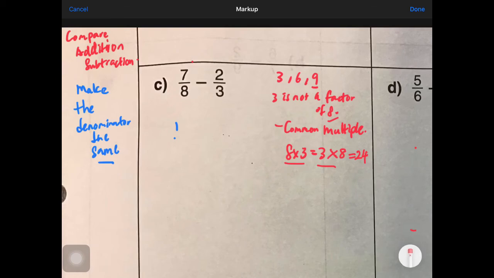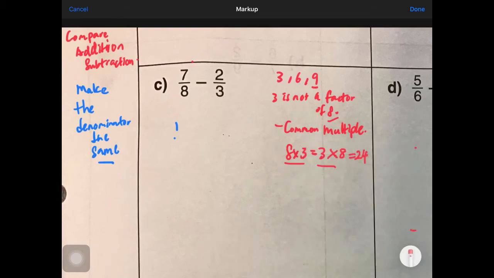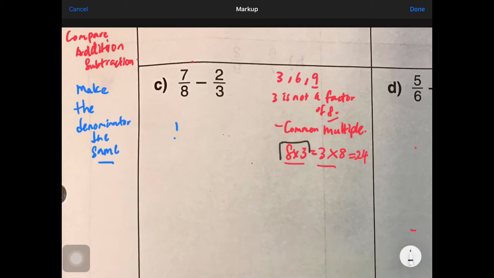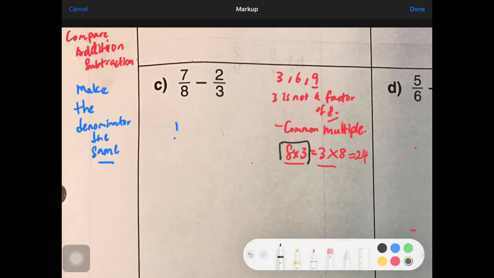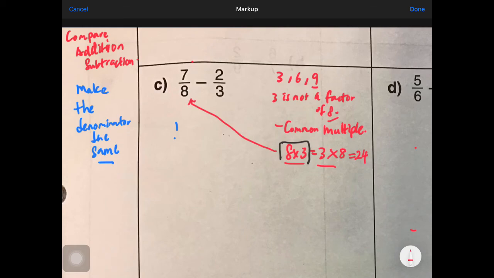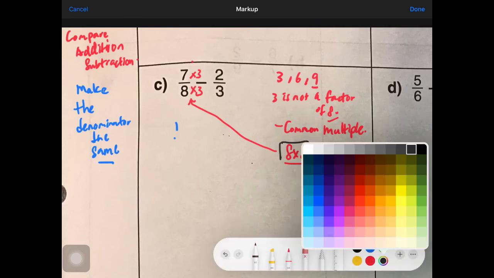So now change. The 8 times 3. Times 3. Don't forget, you times the denominator by 3, so the numerator also needs to be times 3.